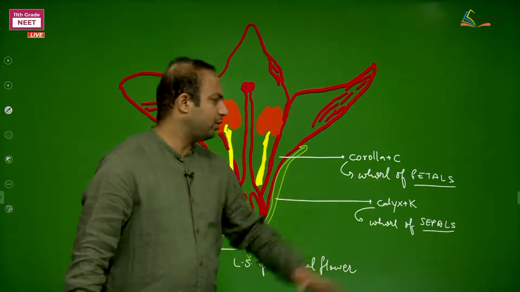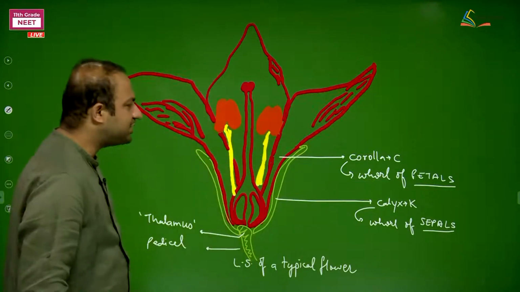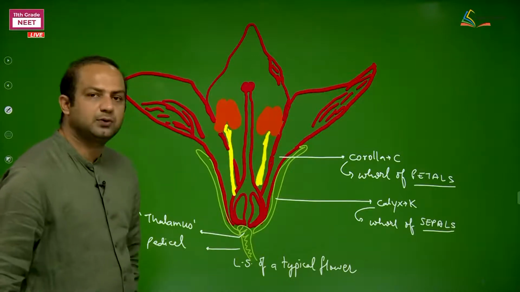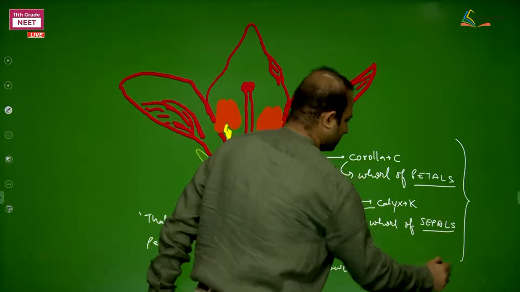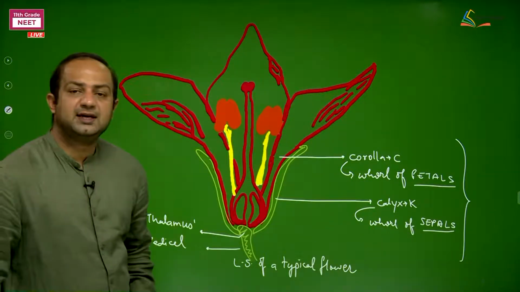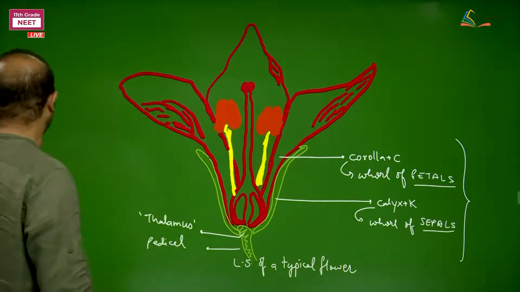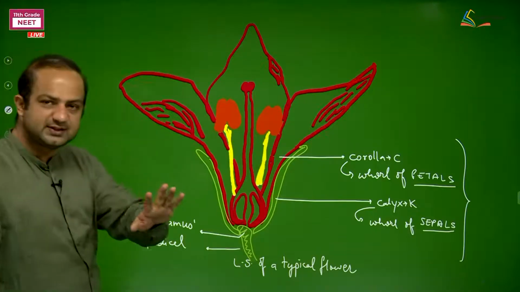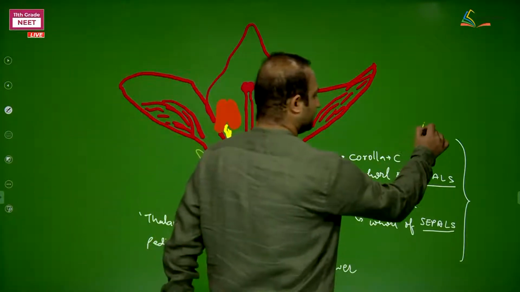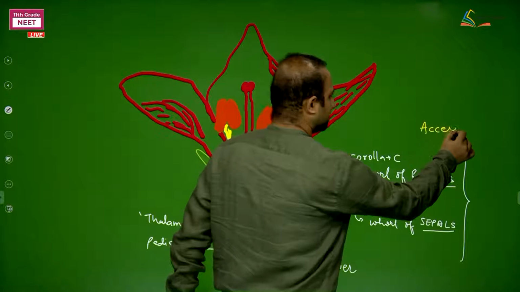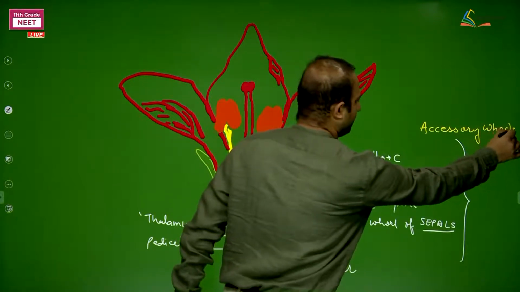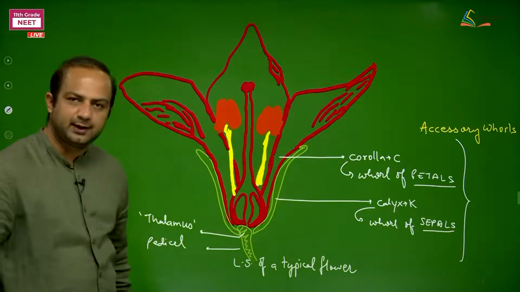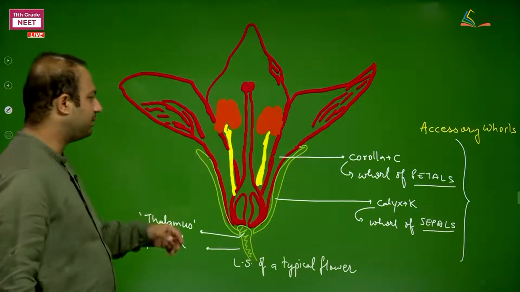So these two things together, calyx and corolla together, are called accessory whorls. Why? I'll tell you this later on, not here. Together, accessory whorls. Fine.